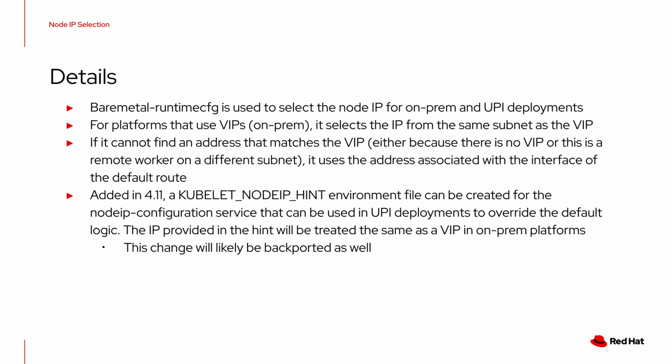And if there are multiple default routes, it picks the one that has the highest priority. And then I think there was another criteria, maybe based on IPv4 and IPv6. So there's some logic to select a consistent and hopefully correct node IP.